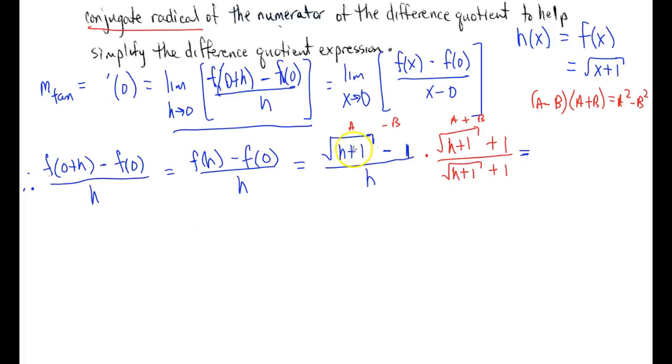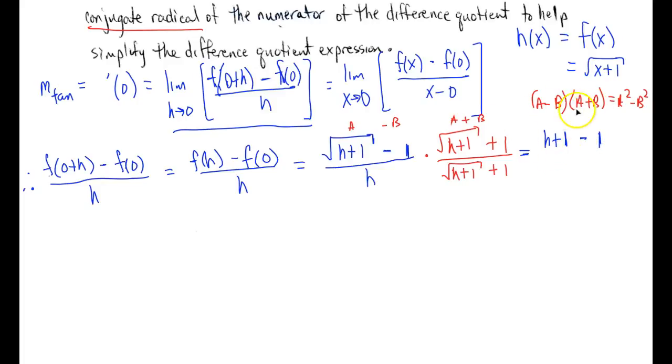All right, so in multiplying this, we know that if we multiply square root of h plus 1 times square root of h plus 1, then that just gets rid of the radical, and we just have h plus 1. And then minus, we know that 1 times 1 is just 1.